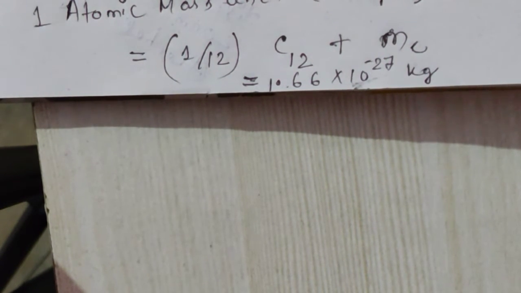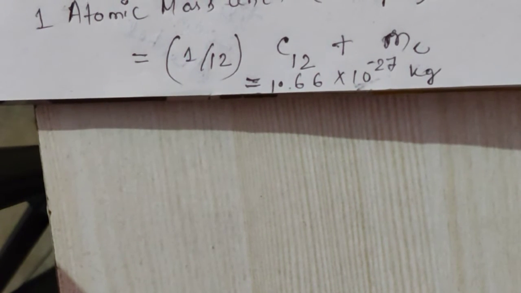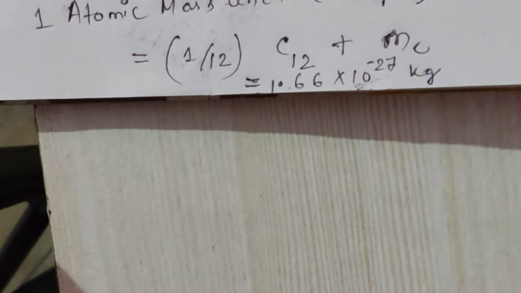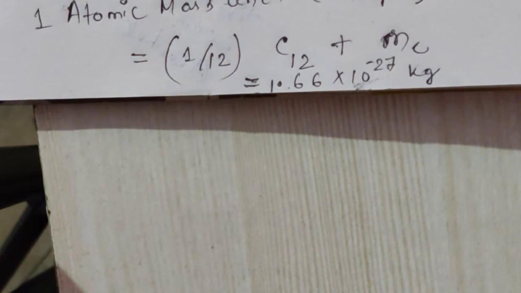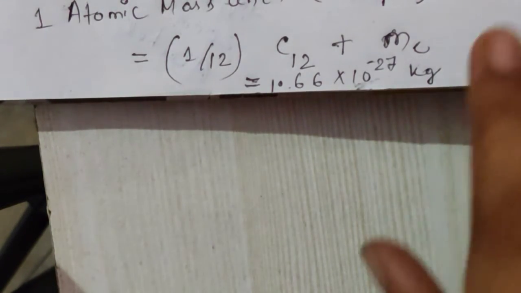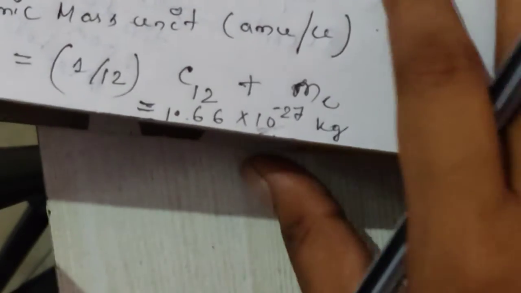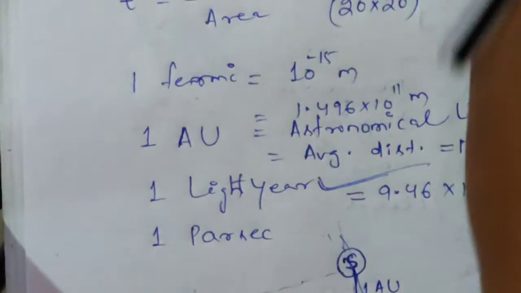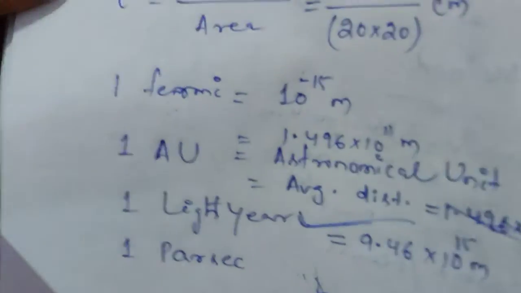So yes, by using that isotope method, we can measure the mass of any small particle. And for measurement of particles which are very small as compared to this atomic mass also, we have one more method, which is known as mass spectrograph.